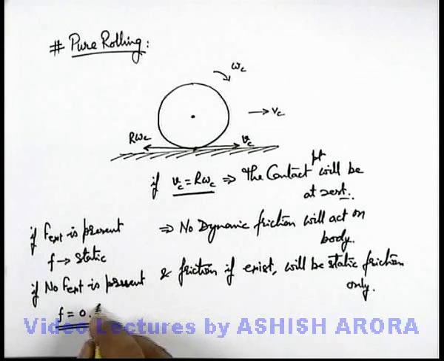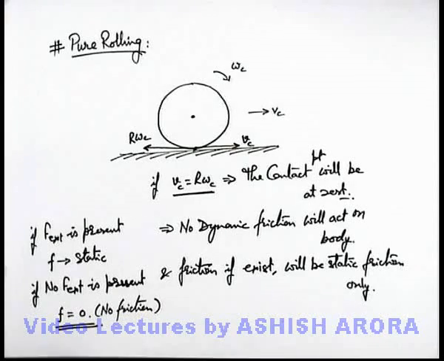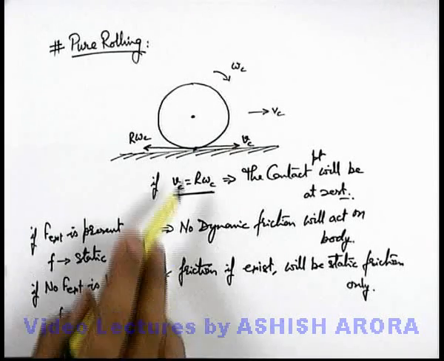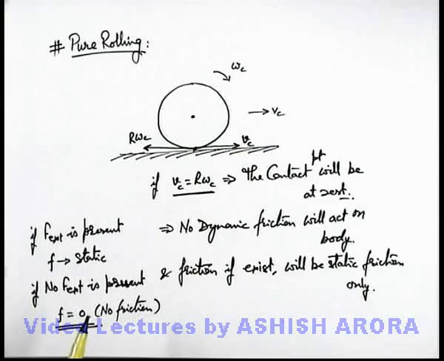So in the absence of external forces, no friction will act in terms of the roughness of the two surfaces, that of the round shaped object and that of the ground.